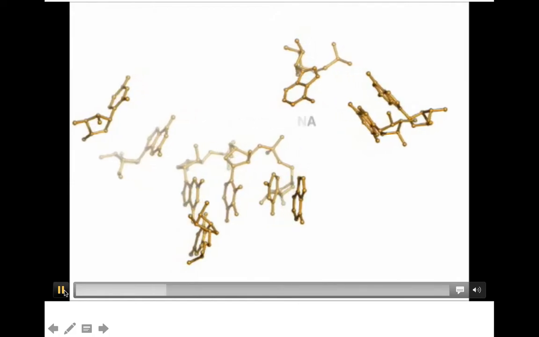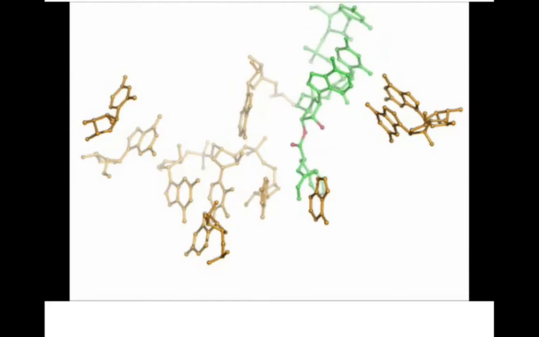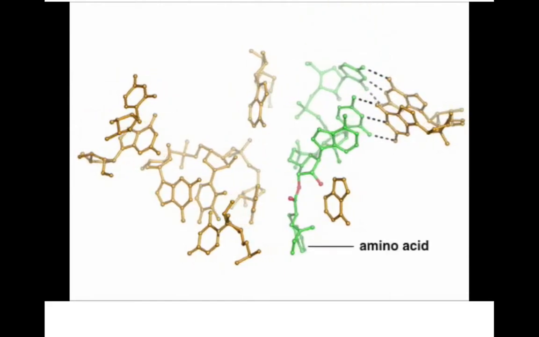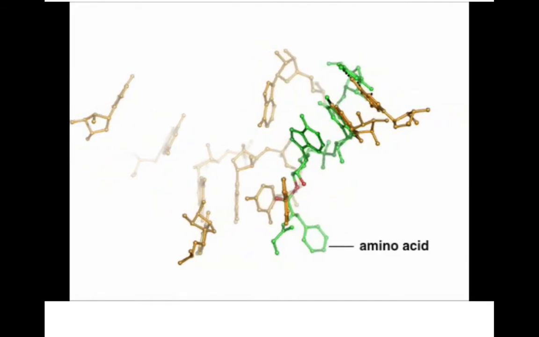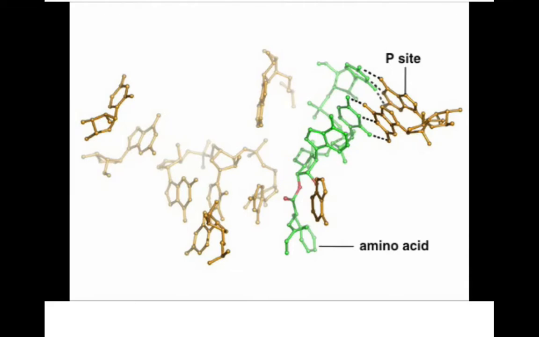tRNA charged with an amino acid is bound in the active site. This amino acid represents the carboxy terminal amino acid of a growing polypeptide chain on an actively translating ribosome with the peptidyl tRNA bound to the P site on the ribosome. Conserved bases common to the 3' end of all tRNAs base pair with the ribosomal RNA to position the amino acid precisely.